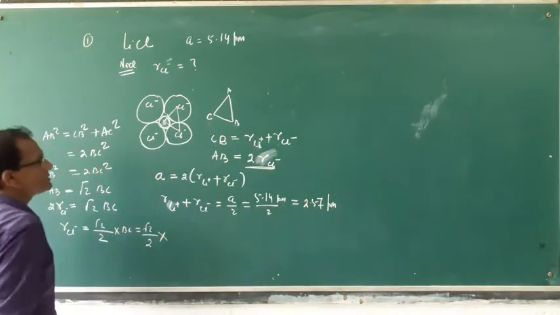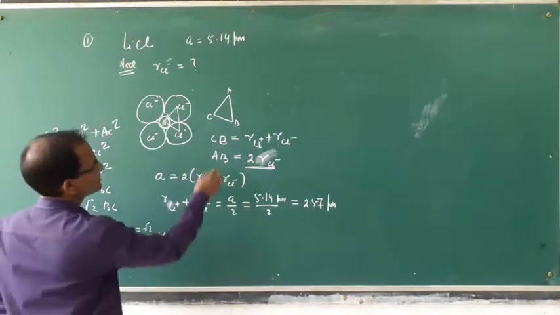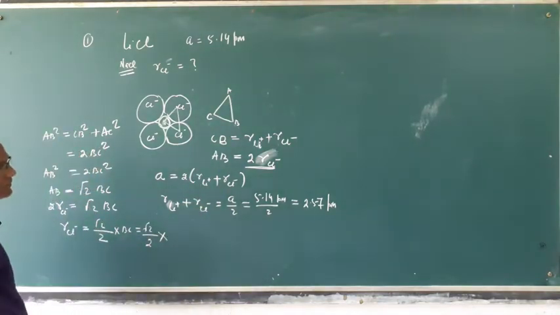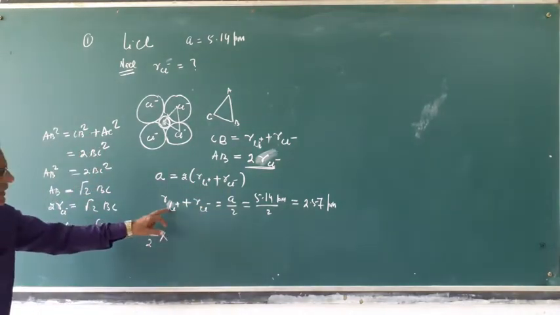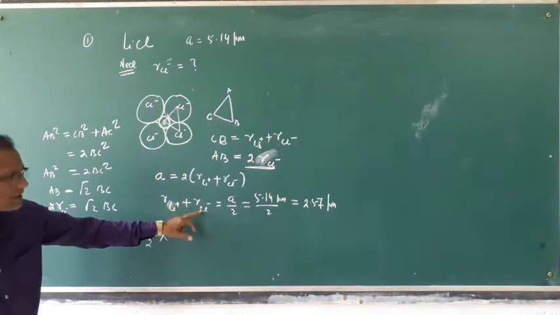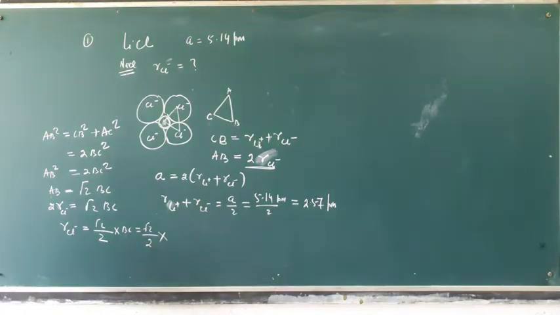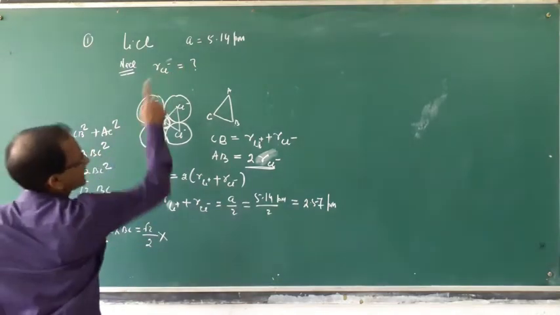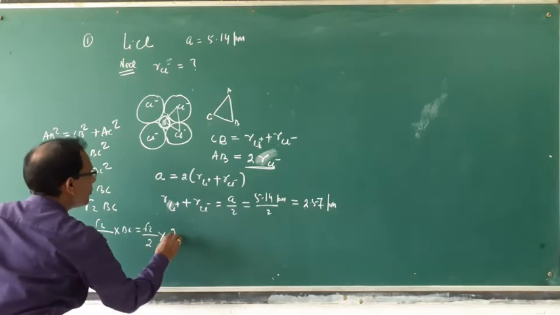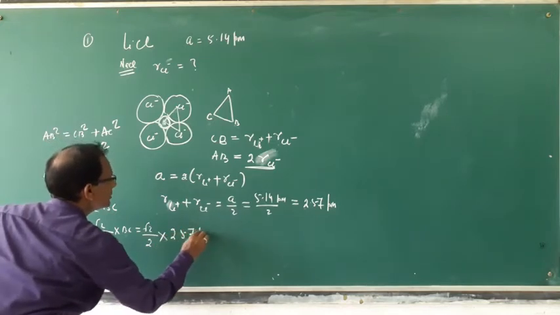which is equal to root 2 upon 2 into BC value, which is R lithium ion plus R Cl minus, cation plus anion. That is how much? CB is how much? That is R lithium ion plus R Cl minus, that is A by 2. You put A by 2. A by 2 is how much? A is already calculated, 2.57 picometer.